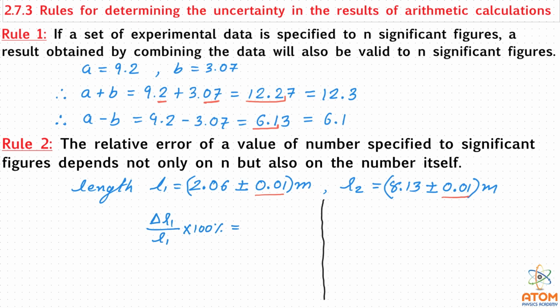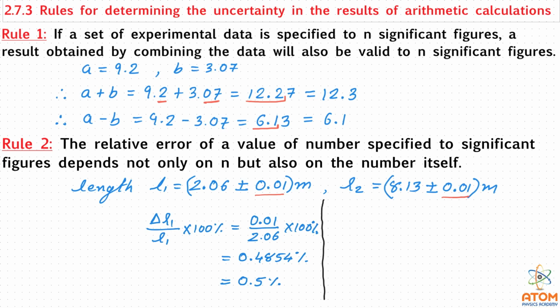So I will get 0.01 divided by 2.06 multiplied by 100%, and that gives something like 0.4854 percent and so on, which I should round off to 0.5%.